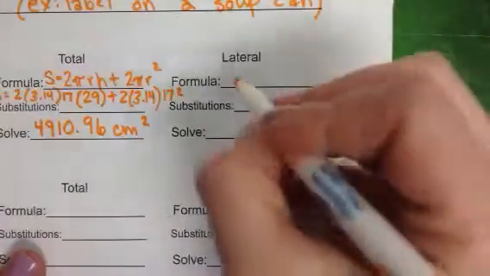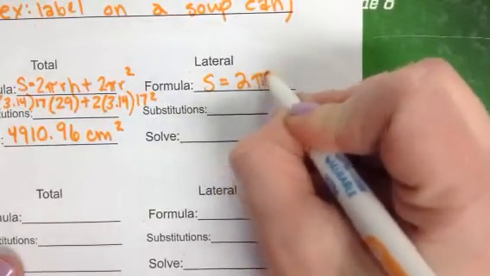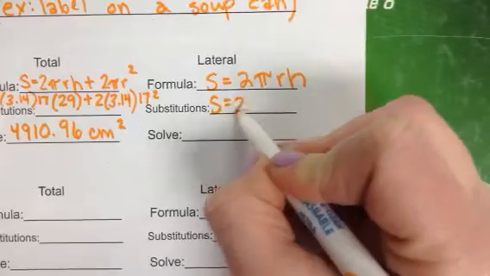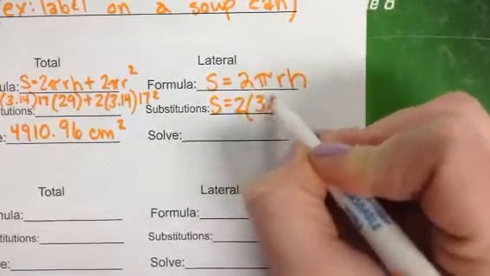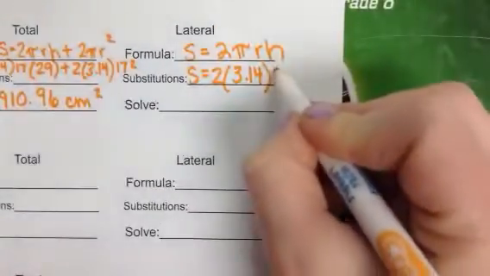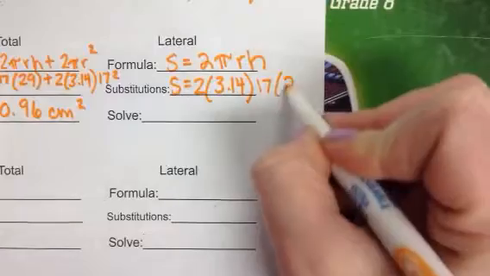So I'm just writing S equals 2 pi r h. So it'll be shorter to fill in. Keep the 2. 3.14. My radius was 17. And my height is 29.